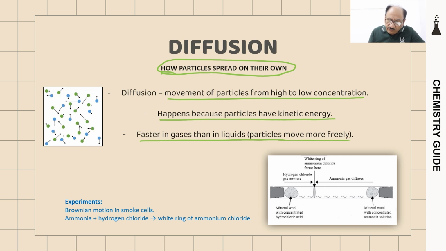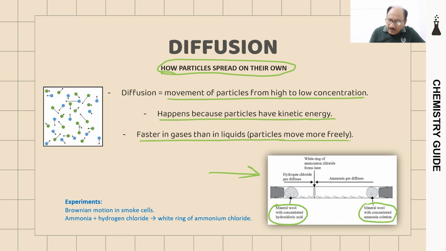We can perform an experiment also. In your syllabuses, there are different experiments, and I've shown one here. We take mineral wool soaked with concentrated hydrochloric acid on one side of the tube, and mineral wool with concentrated ammonia solution on the other side.